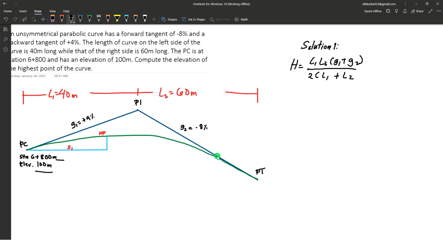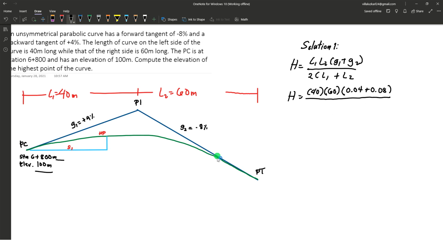So L1 is what? 40 meters. 40, L2 60, G1 4%, 0.04, and G2 is 8%. So take the absolute value of that, positive.